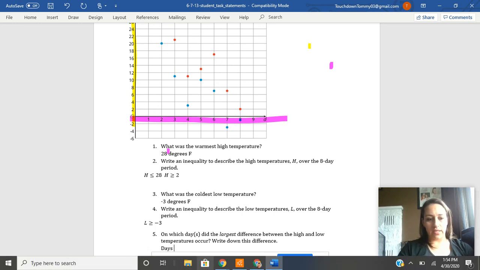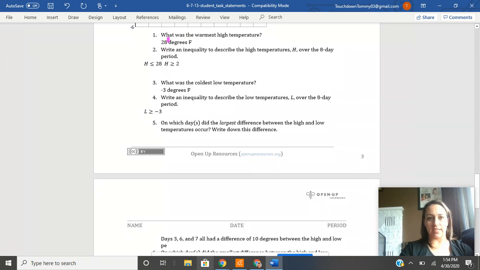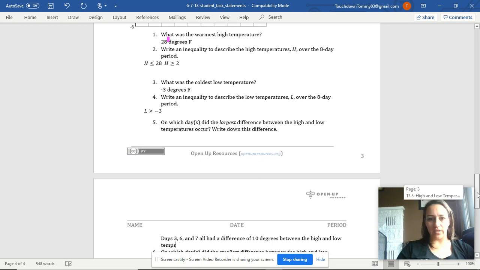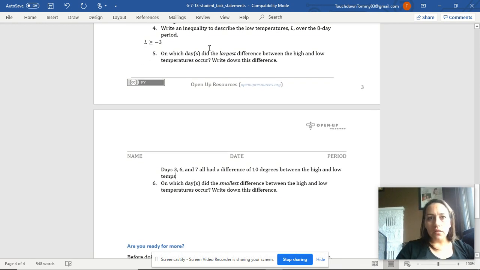So days 3, 6, and 7 all had a difference of 10 degrees between the high and low temperatures. In other words, between that red dot and that blue dot that were on the same day. And we've got one final question here. Okay, which days? Write down this difference. All right, we finished that question.